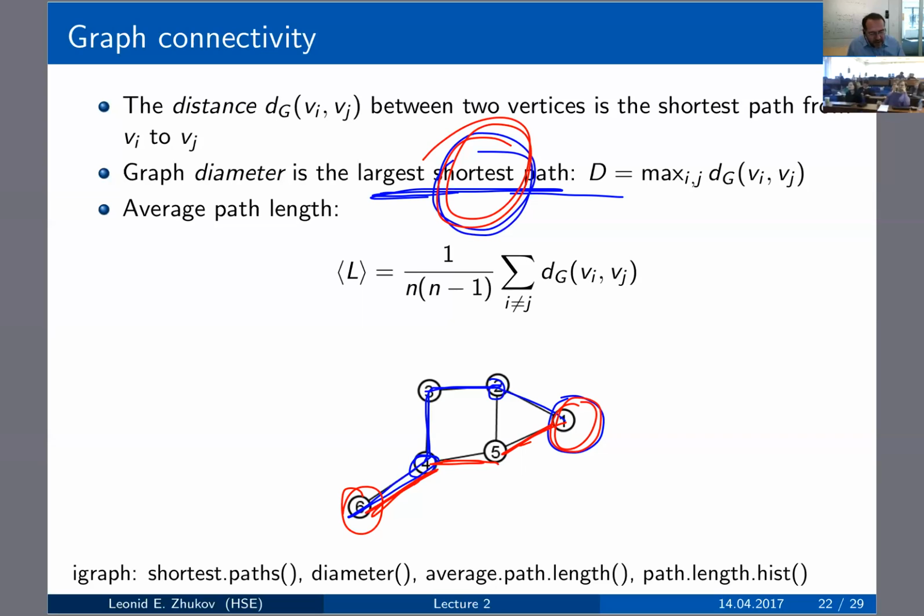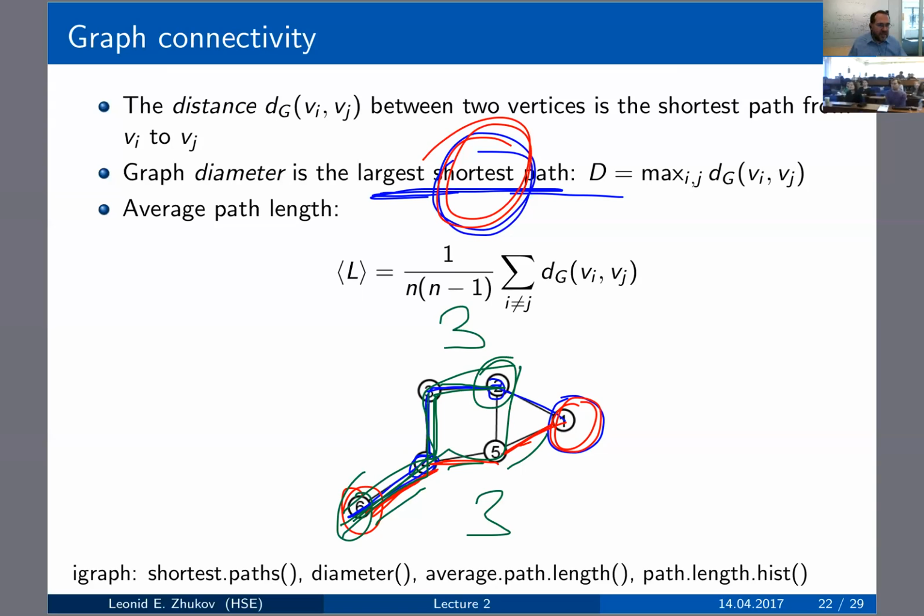And I can try to find the shortest path between, let's say, 2 and 6. It's going to be this one, or this one, but in both cases, it's length 3, right? And this one is also length 3. So for this graph, the diameter, which is the largest shortest path, is 3.